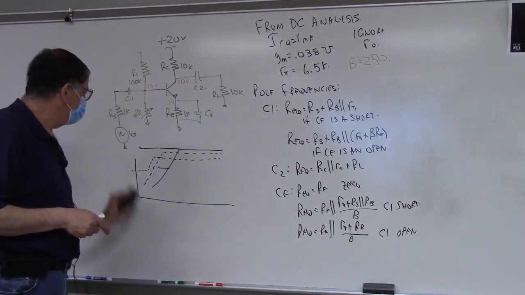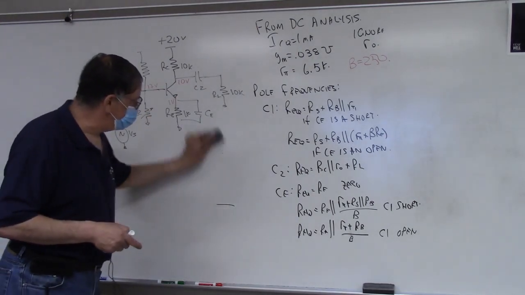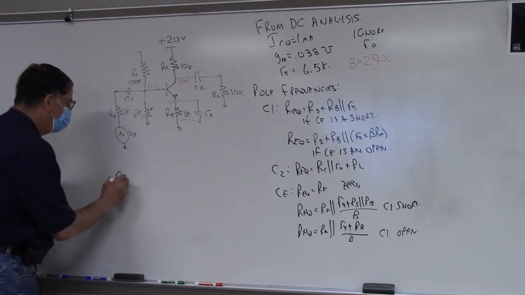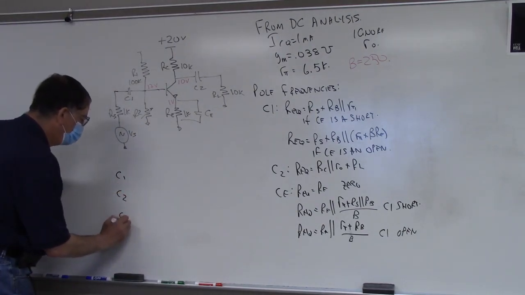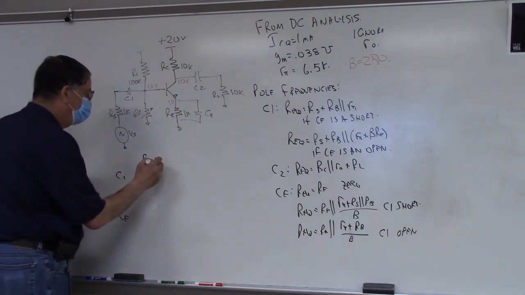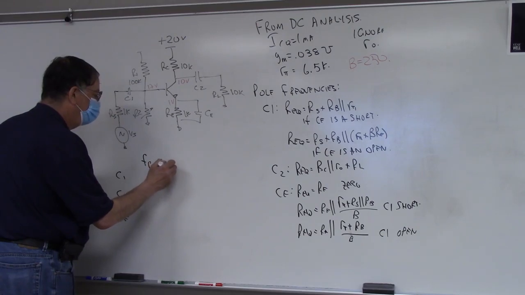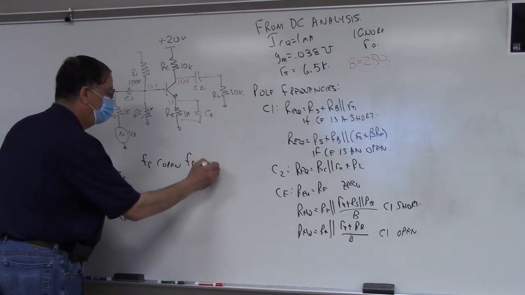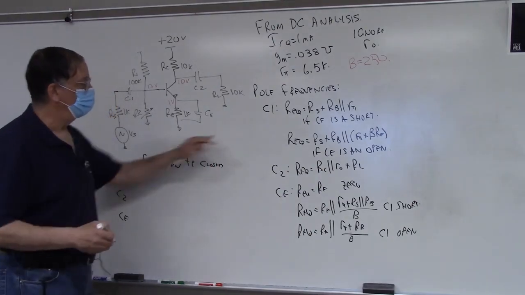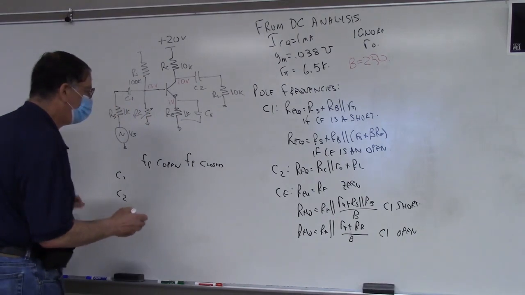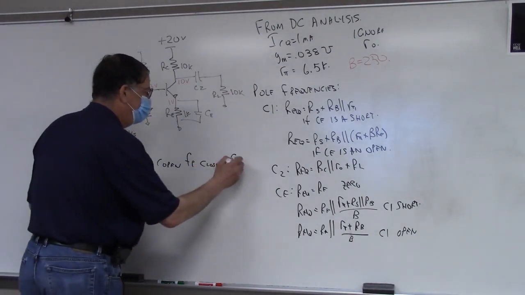So what you should have in your results section is, once again, a table. So this is going to be C1, C2, CE, and pole frequency with cap open, pole frequency cap closed, right? So we have an open and closed case here, and an open and closed case there, and then FZ.